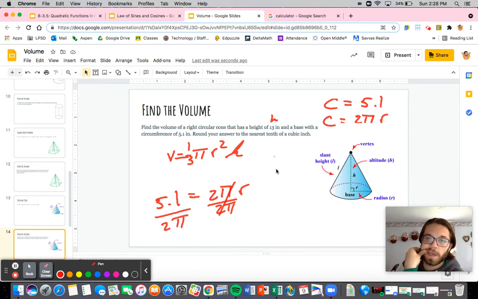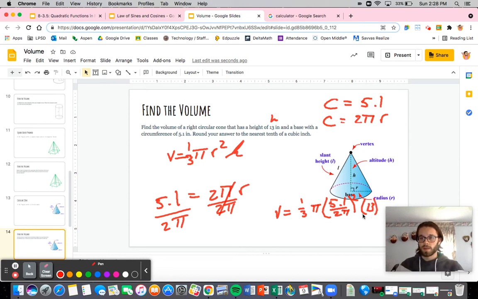I'm just going to leave it like this and plug that in. So I have V is equal to 1/3 pi, 5.1 over 2 pi, squared, times what's my height? 13.